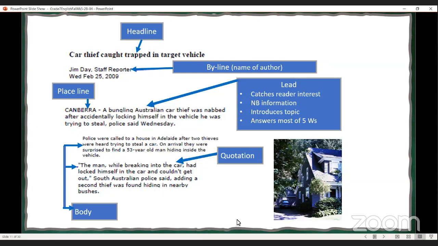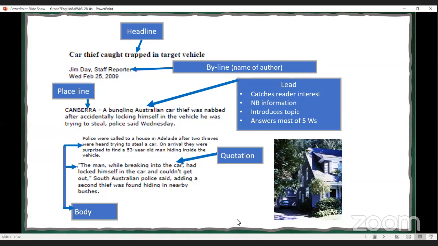So the last paragraph where it points to the quotation says the man, while breaking into the car, had locked himself in the car and couldn't get out, South Australian police said. It adds accuracy, it makes it believable. Why is it believable? Why should I believe it? Who's talking?